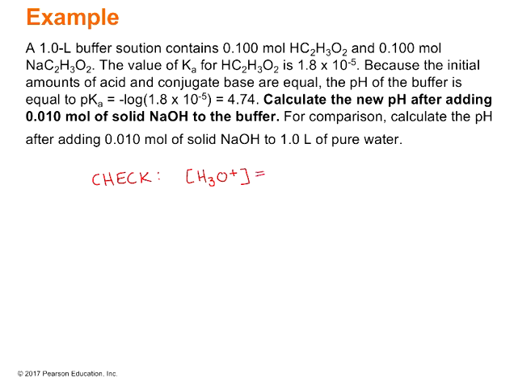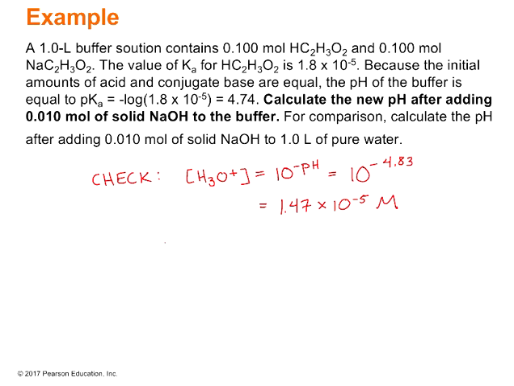So the concentration of hydronium ions will equal 10 to the negative pH. And we said that the new pH is 4.83. So if we plug that into our calculators, we should get 1.47 times 10 to the negative fifth moles per liter for our concentration of hydronium ions.